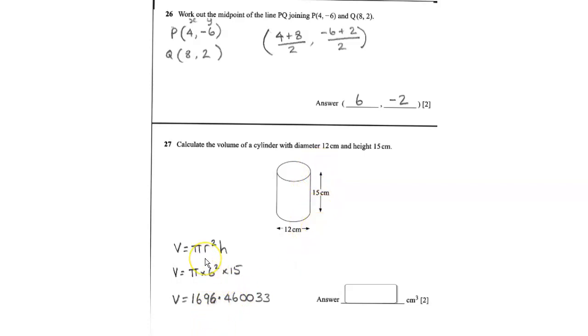Remember, r stands for radius, and we have the diameter, so we have to halve this diameter to 6. So it's pi times 6 squared times 15, and we get a decimal like that. And we finish it off with 1696.46 centimetres cubed, because it is a volume.